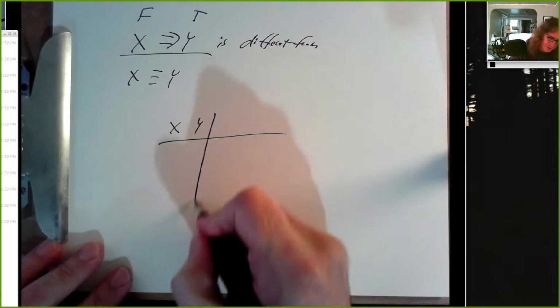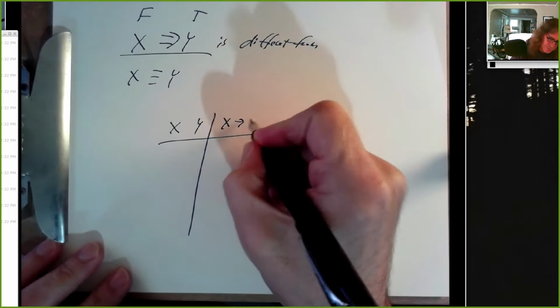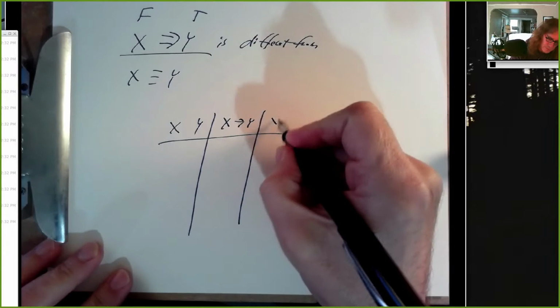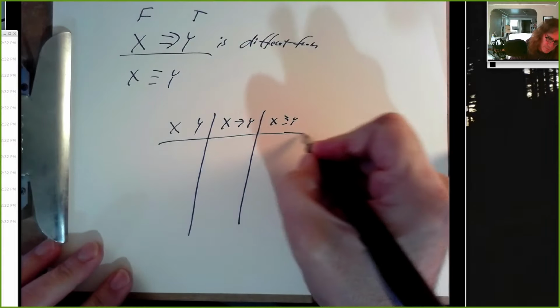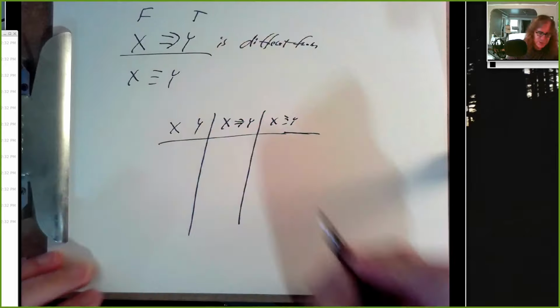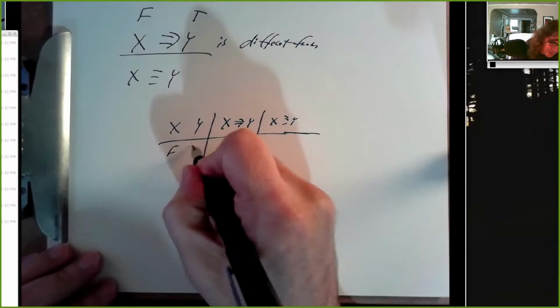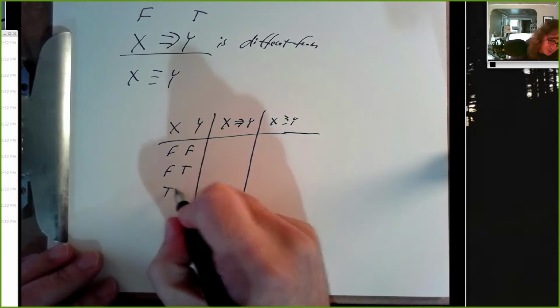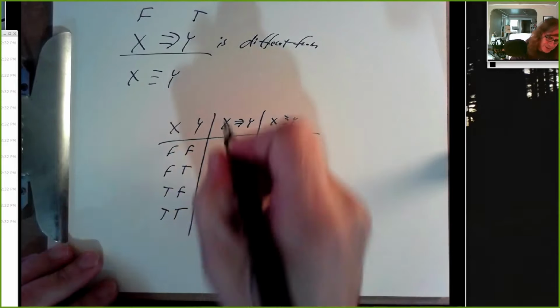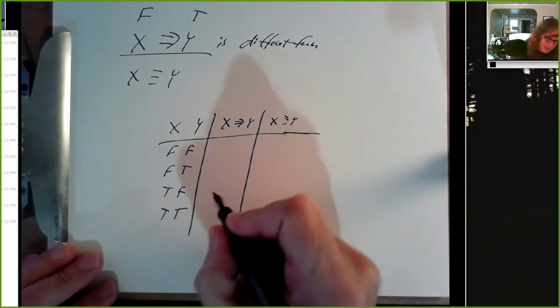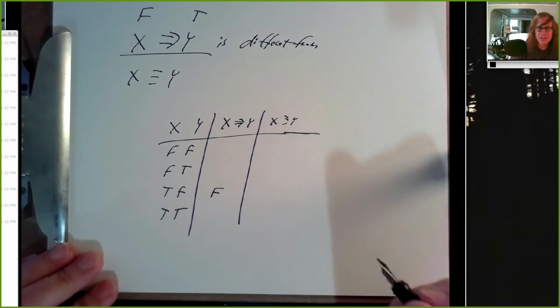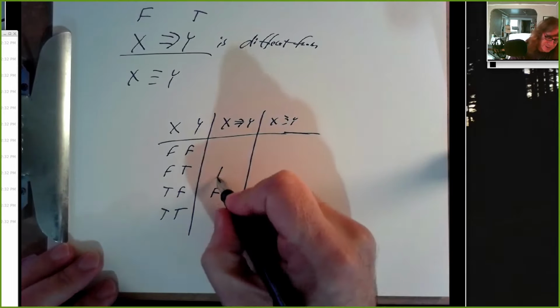And so if we look at the truth table, it makes no difference if I'm doing a single arrow or a double arrow. The double arrow is just a way to avoid writing parentheses, because it says everything on the left gets taken together and implies everything on the right. But if we do a truth table, the implication is always true except in the case where the hypothesis is true and the conclusion is false.